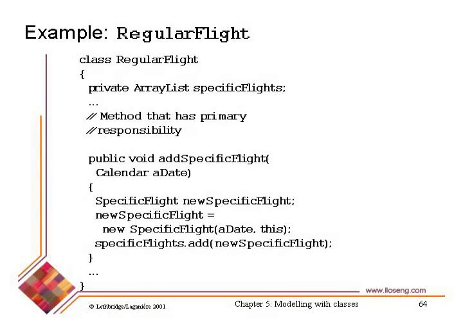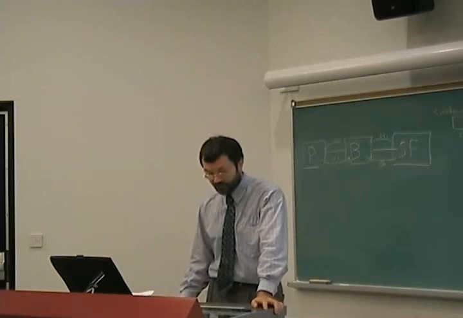It's probably going to be a local variable. And then I'm going to say add to my specificFlights instance variable this new instance that I just created. A lot of the work is going to go on in this constructor of SpecificFlight. The constructor of SpecificFlight is going to do a lot of that work.